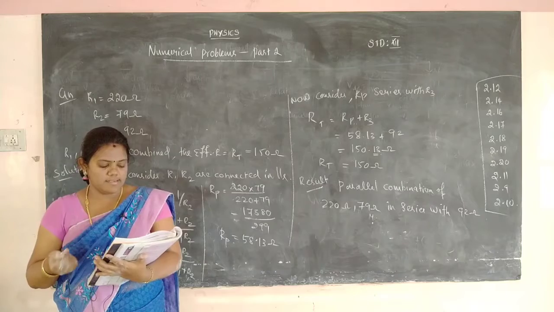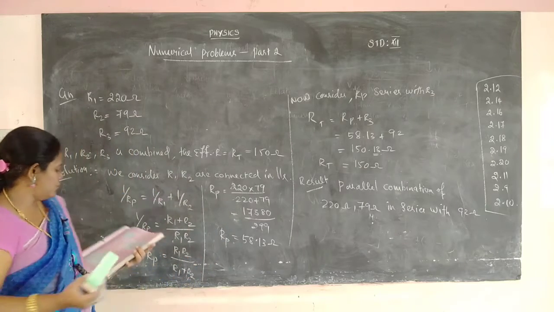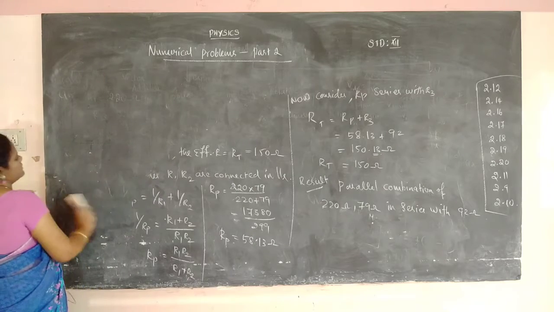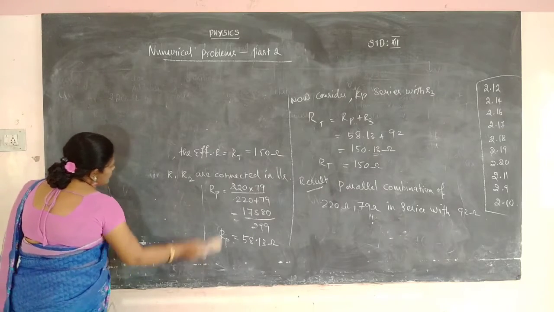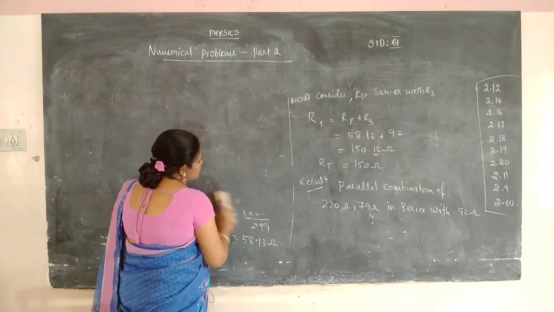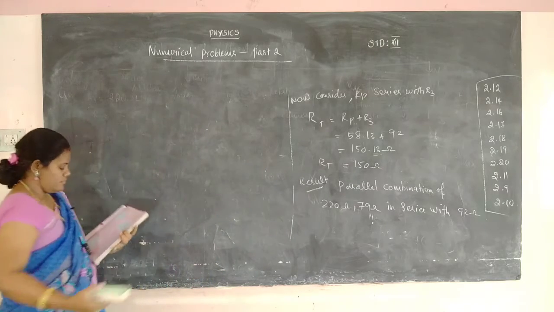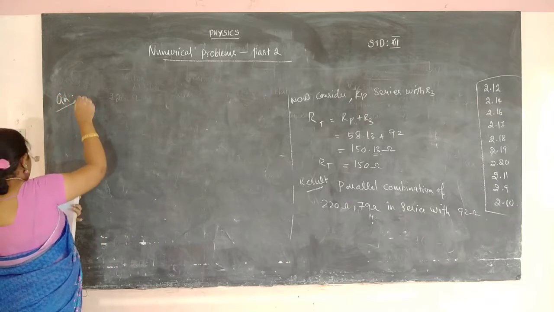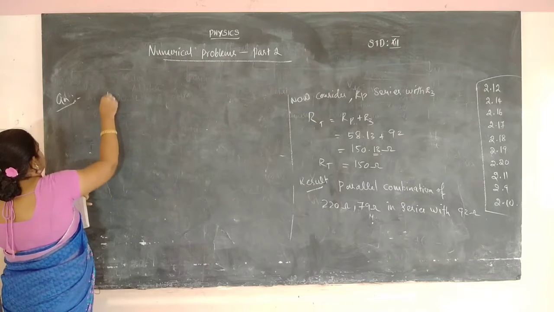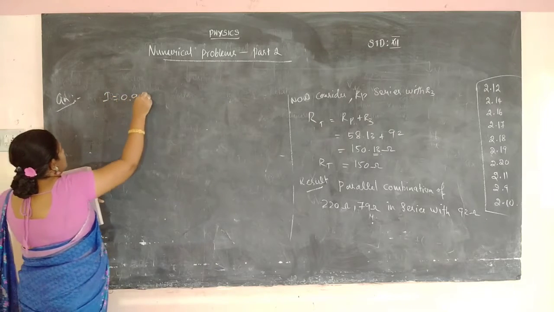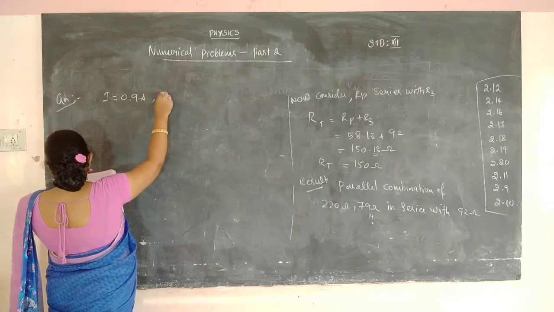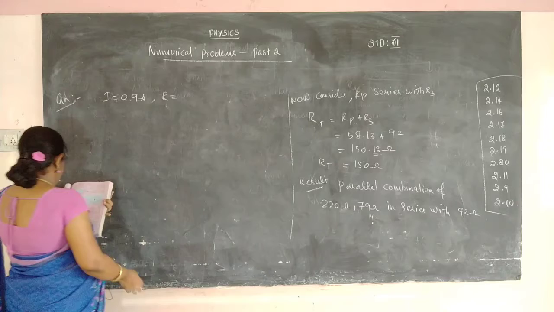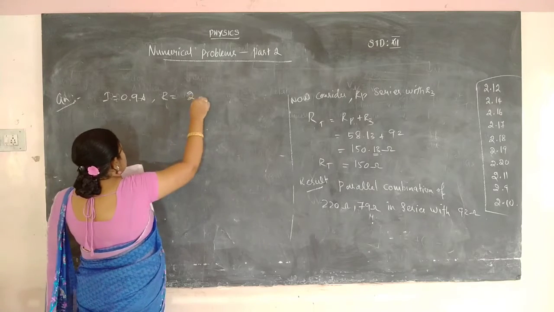So we want to calculate the internal resistance of a cell. First you should write down the first current value and the first resistance value, and the second current value and the second resistance value. So given, the first current I is equal to 0.9 ampere, then resistance R is equal to 2 ohm.